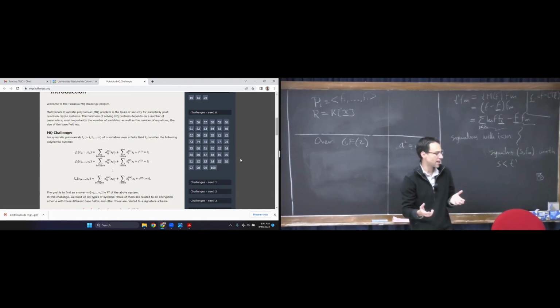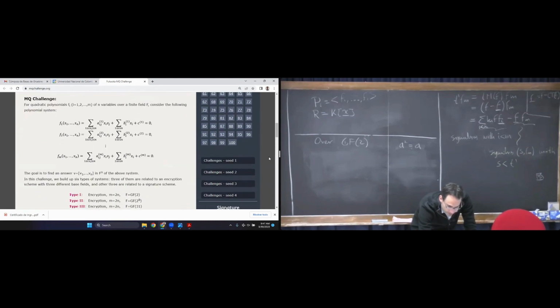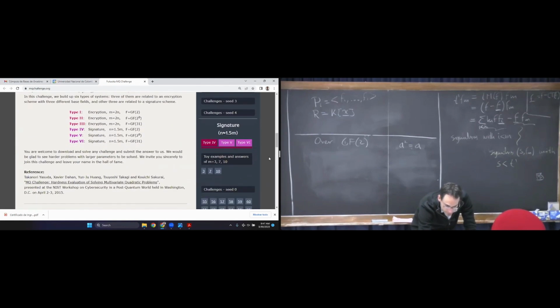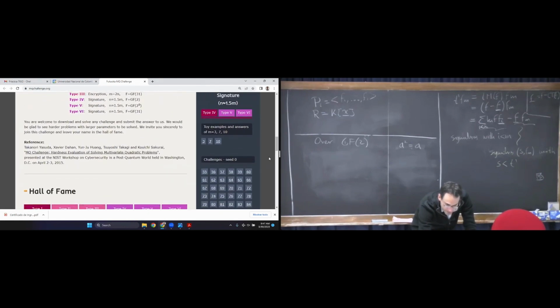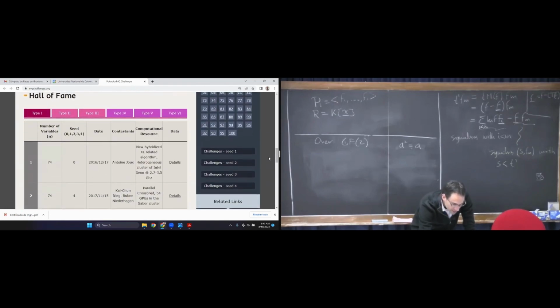This has been set up by the cryptographic community to promote research on this. There are different sorts of challenges for different finite fields and different sizes. And there's here the Hall of Fame.